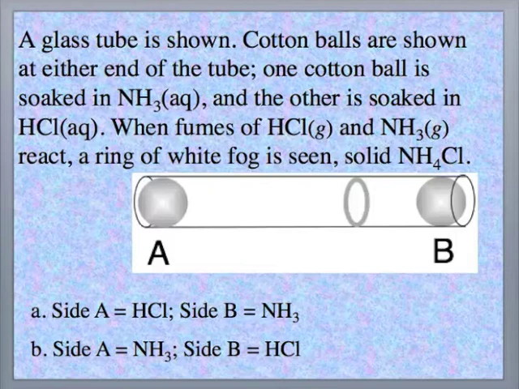So take a look at the way this is happening. The ring is closer to B than A. Can you identify which side has the hydrochloric acid and therefore outgassing hydrogen chloride, and which side the ammonia? Is side A HCl, side B ammonia, or vice versa?